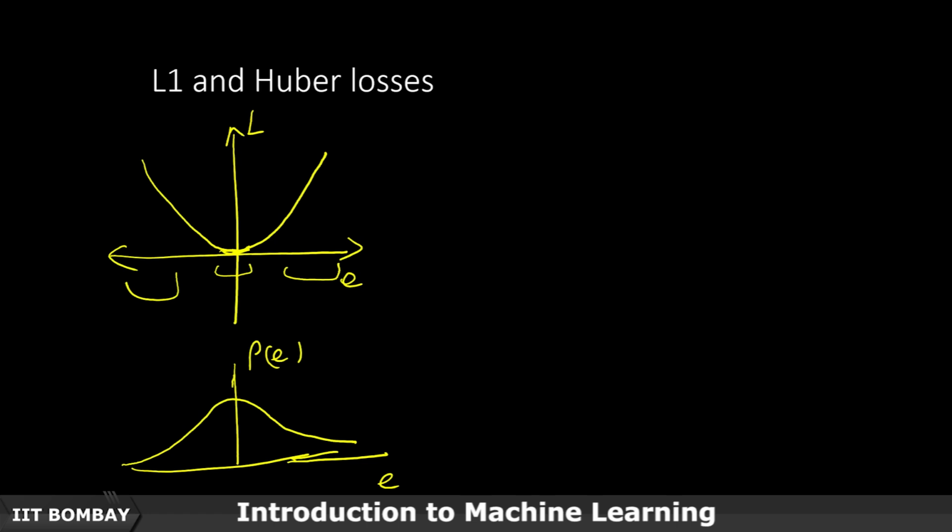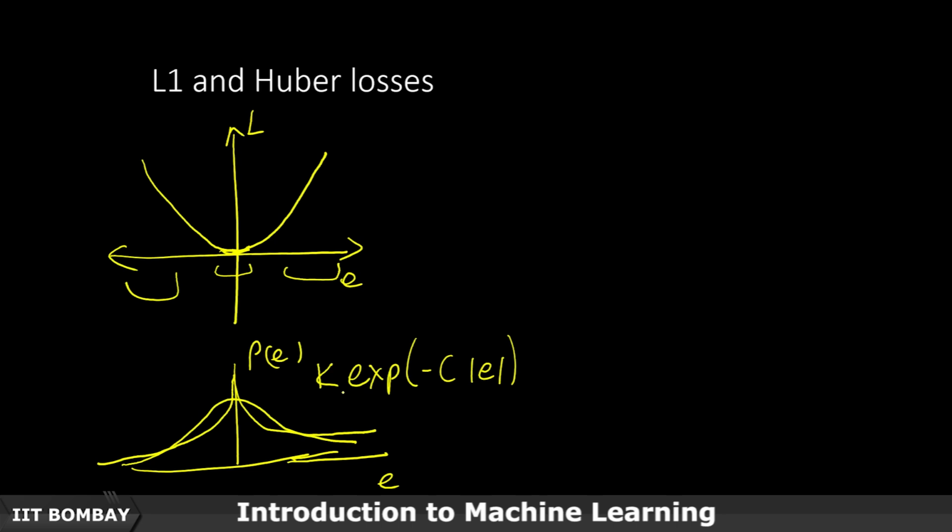So let's just write exp of minus c times mod of e. This is your Laplace distribution, and then there is another constant k so that it integrates to 1, or usually we use lambda and 1 by lambda.